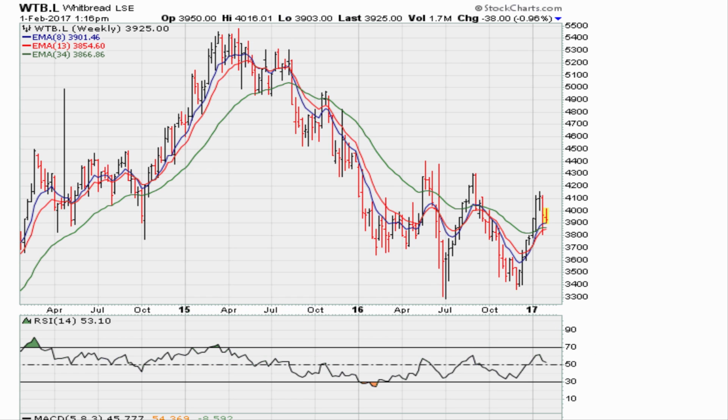Now, we can also use this weekly chart for another example of uniformity, and it is this low here, an important low according to the stock. We've never been back there since the last couple of months. We know that this RSI movement was good enough to bring the stock off the intraday lows.